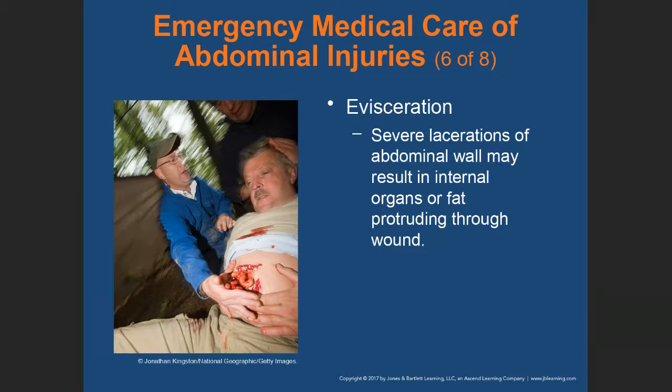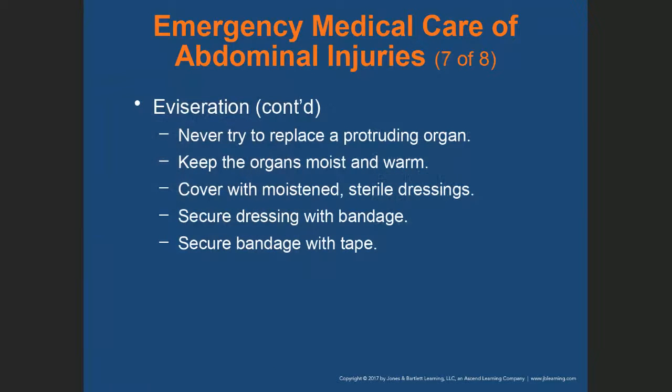Specifically for an evisceration, a severe laceration of the abdominal wall may result in internal organs or fat protruding through the wound. Never try to replace a protruding organ. The objective is to keep the organ moist and warm. To do that, you will use an occlusive dressing, which is an airtight dressing.